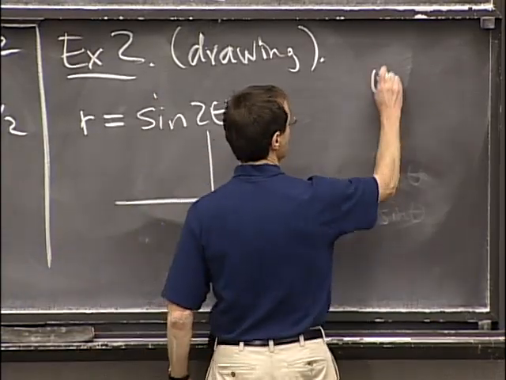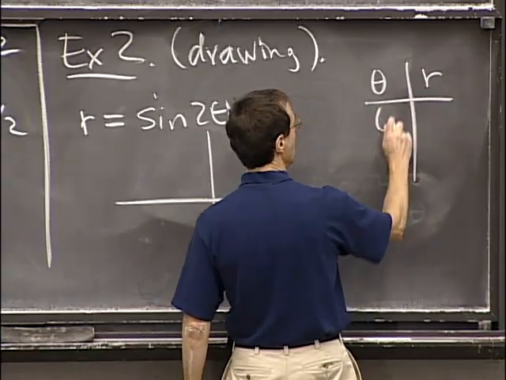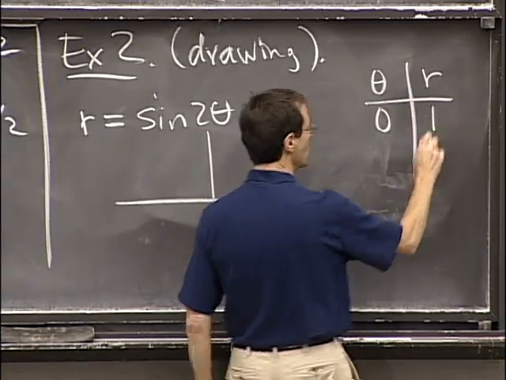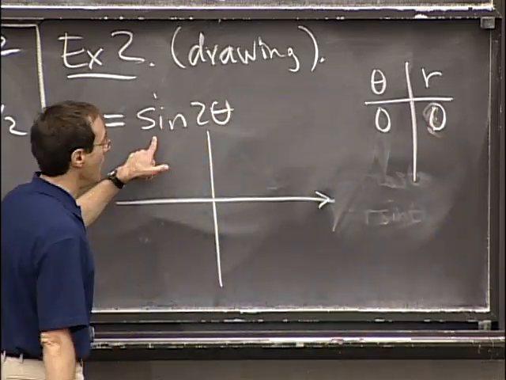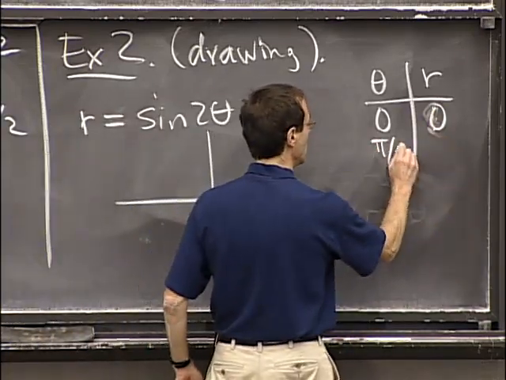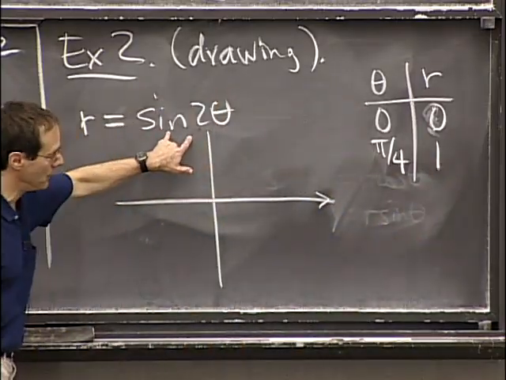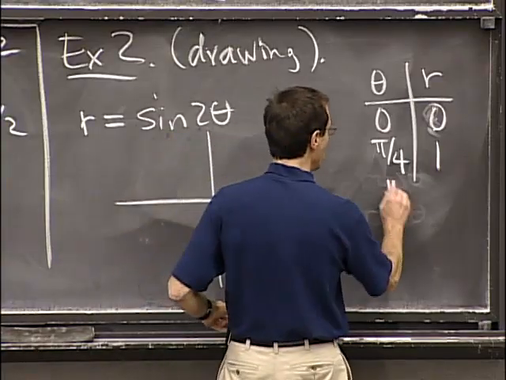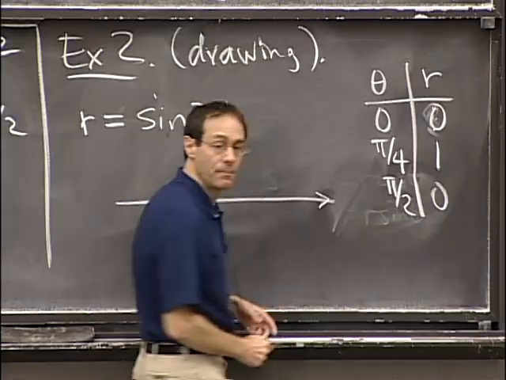Let's just plot a few places here. I'm not going to plot very many. θ is equal to 0, I get r is 0. Sorry. And then π/4, that's where I get sin(π/2). I get 1 here for this. And then again, at π/2, I get sin π, which is back at 0 again.